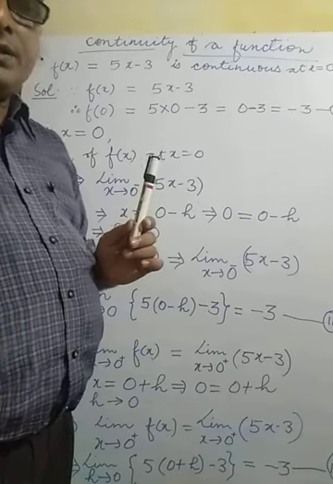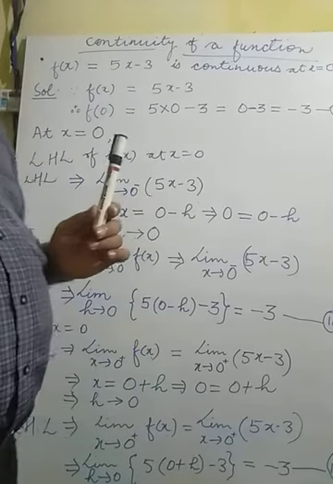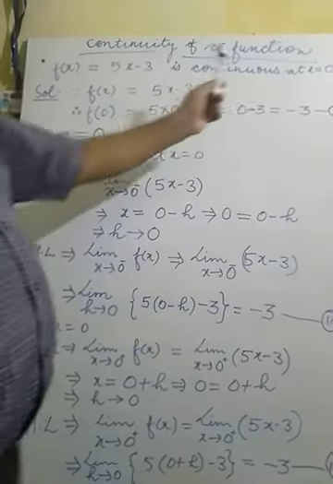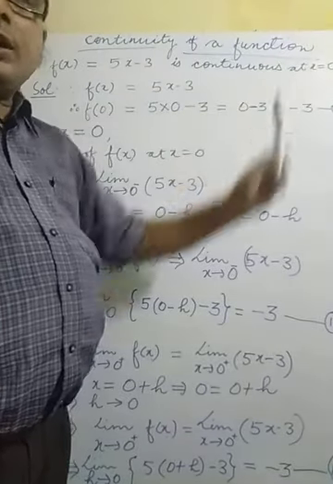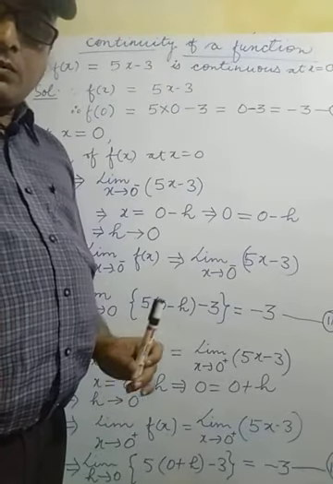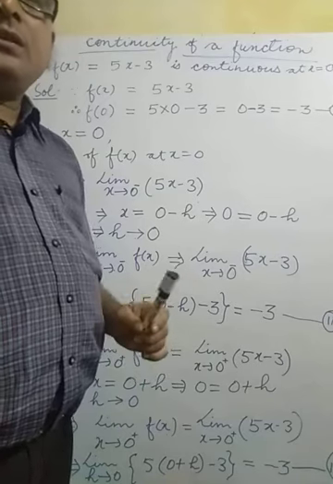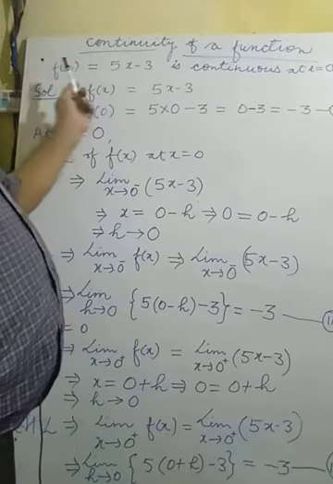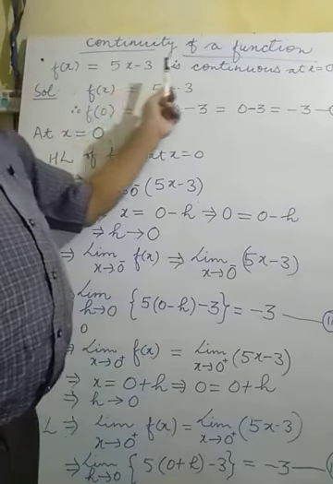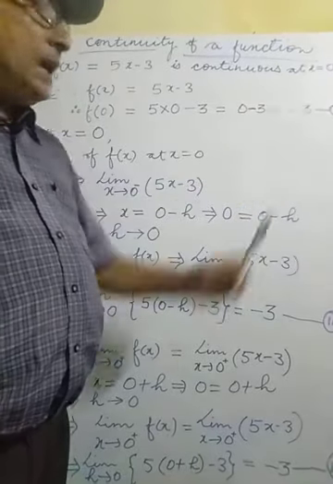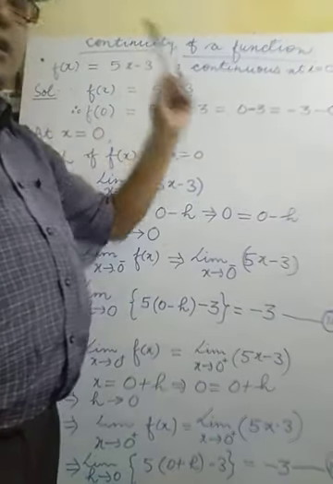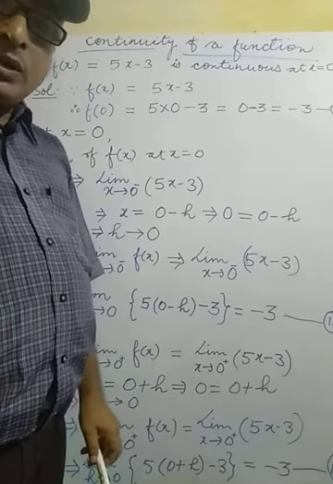Firstly, we have to understand the process which is adopted when the point is already mentioned in the question. So today's topic is focused on a given function and a given point, and whether the function is continuous at this point or not. What to do?